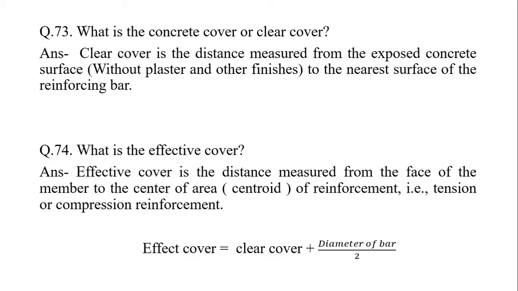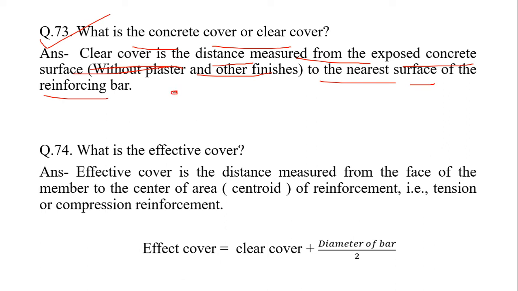Next, question 73: what is concrete cover or clear cover? Clear cover is the distance measured from the exposed concrete surface, without plaster and other finishes, to the nearest surface of the reinforcing bar.